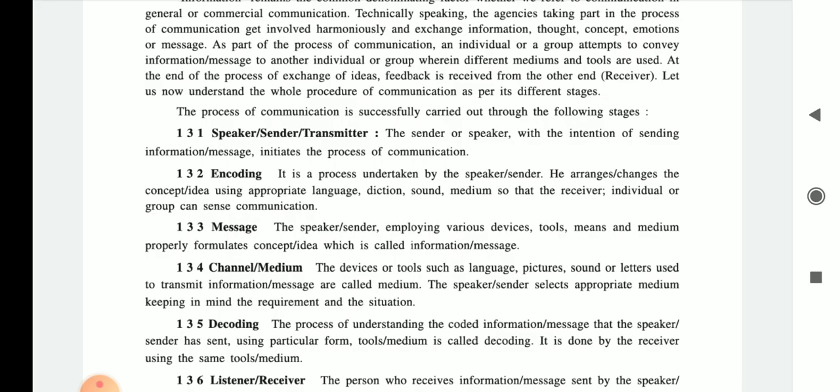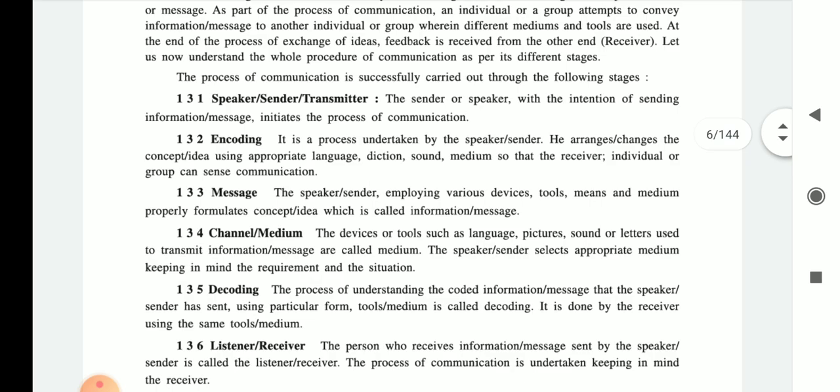If you are not able to get the feedback, your process of communication is considered incomplete. But if you get the reply, it may be concluded that your process of communication is completed.